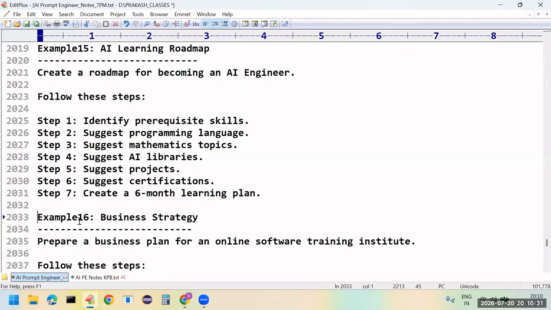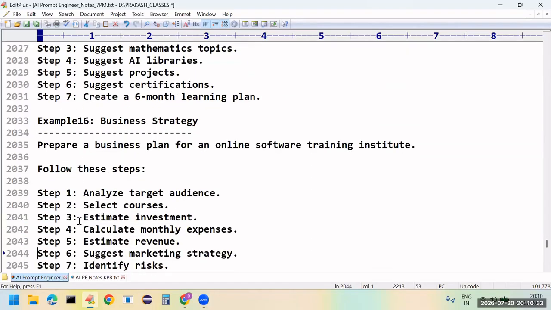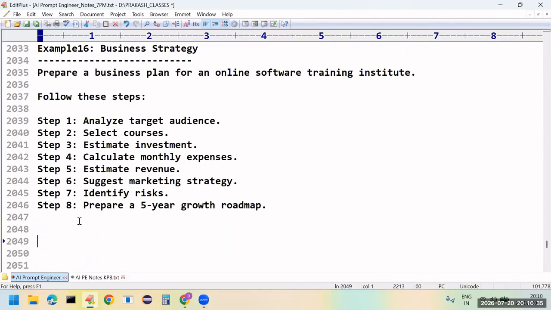Next, maybe the last example. Example 16, business strategy. Prepare a business plan for an online software training institute. Sir, I want to plan an online training institute. Can you please follow these steps and analyze? Step 1, analyze the target audience. Step 2, select the courses.